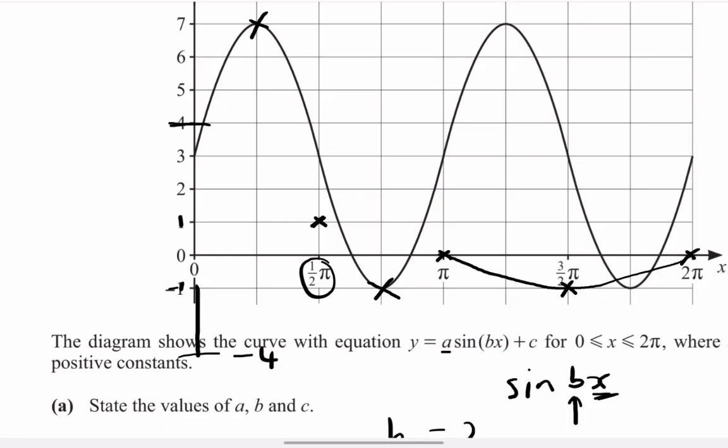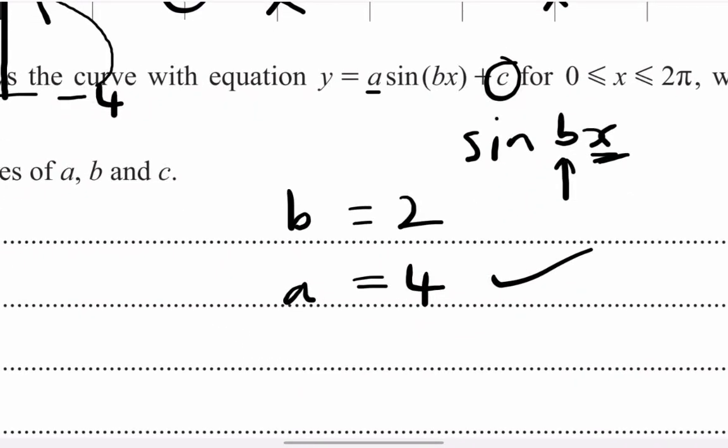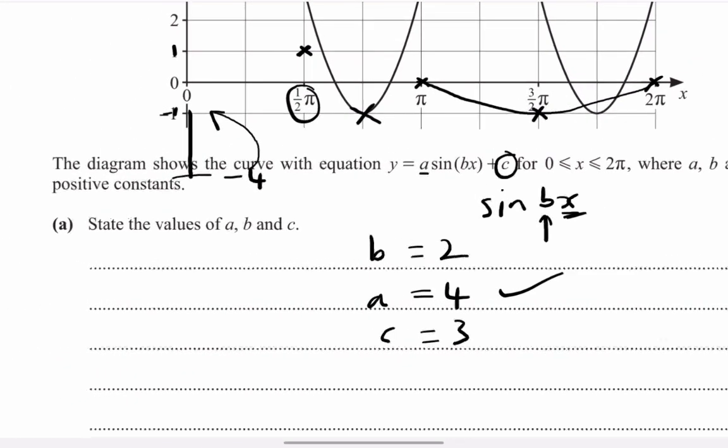Then we will need c to go from -4 to now -1, and from 4 to 7. And you can see that it is just 3 units that we're moving up from -4 to -1 and from 4 to 7, meaning our c is 3 units. We're moving 3 units up.